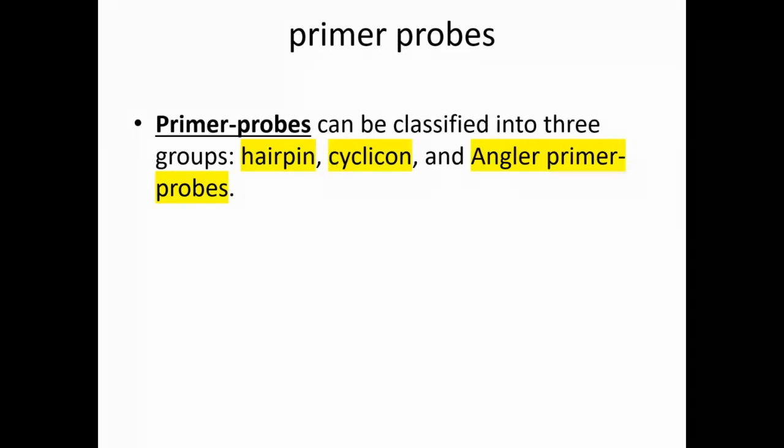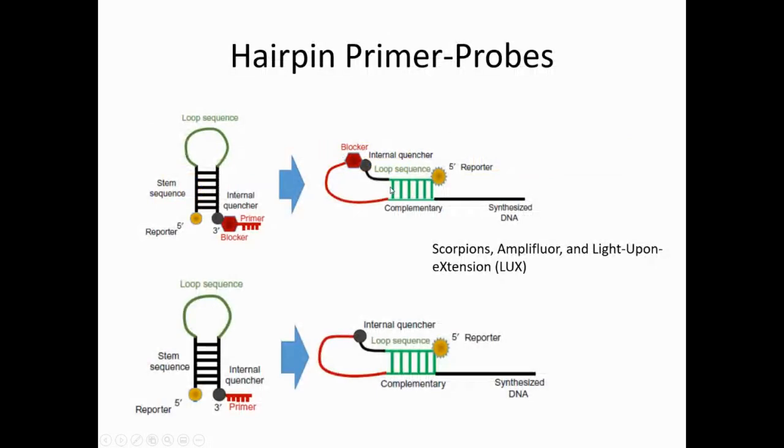The primer probe can be classified into 3 groups: hairpin, cyclicone, and angular primer probes. This is the hairpin primer probe. Hairpin primer probes are single-stranded oligonucleotides with 4 features. One is the hairpin secondary structure, so that the loop of the structure specifically binds to the target DNA.